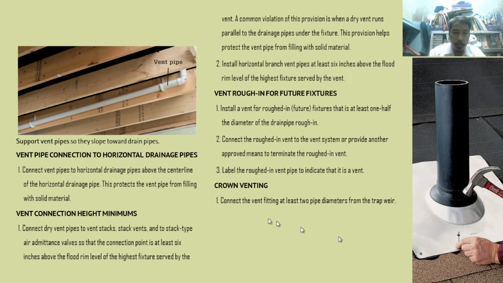Support vent pipes so they slope toward drain pipes like this. As you can see, it is very clear that it is sloping down. So therefore, this is the direction of air going up, because this is going down, so it is going up like that.